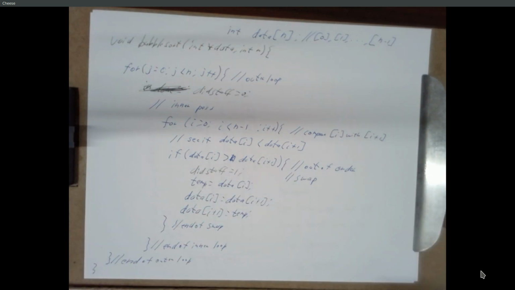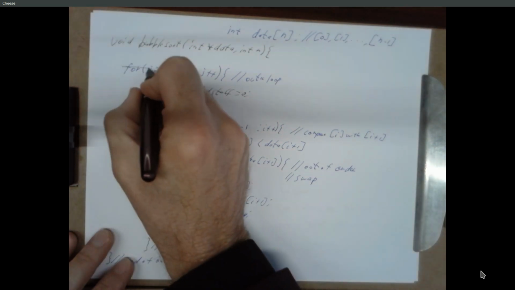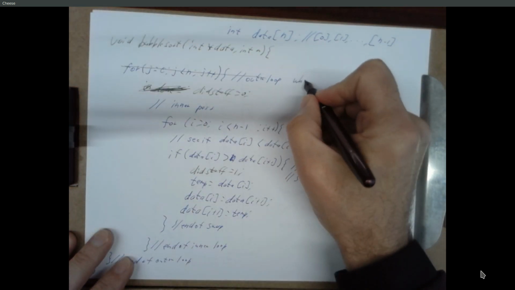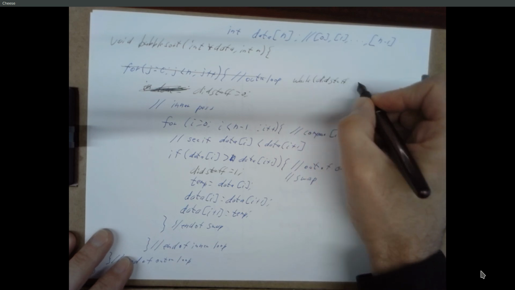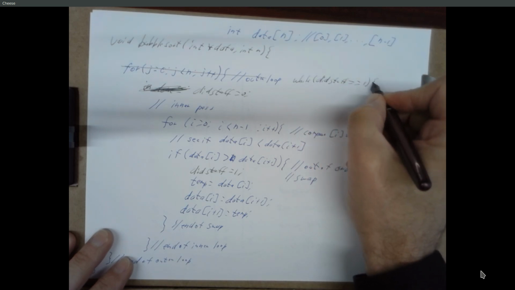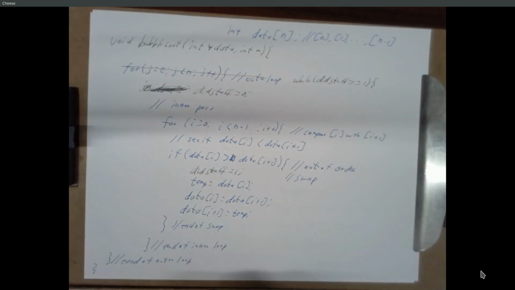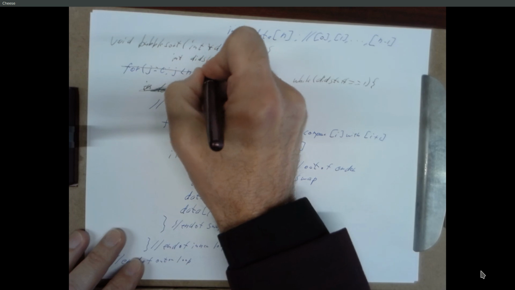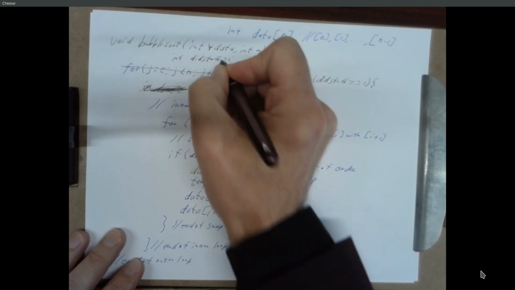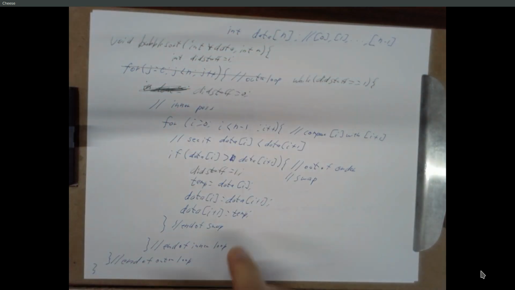Say did stuff equals 1. And then instead of having a for loop up here, we could say while we did stuff. And so we'd initialize did stuff to 1 so that it does it at least once, right?